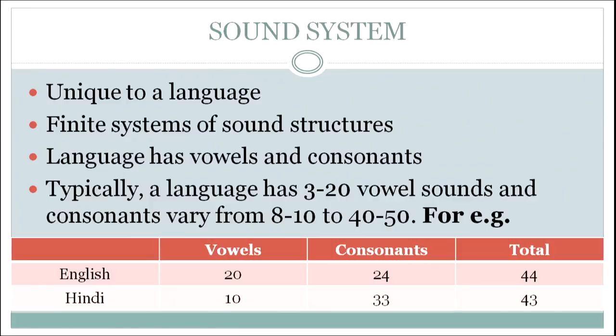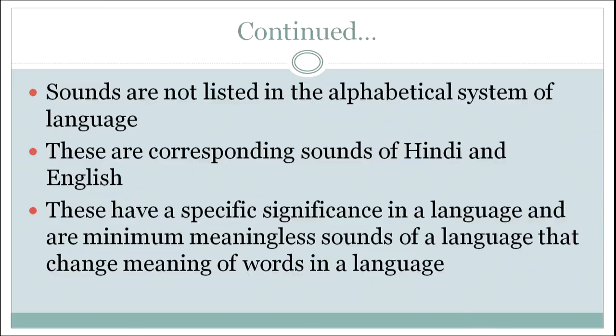So the vowels are 10, which is half of English, and consonants are 33, which makes a total of 43. Now, sounds are not listed in the alphabetical system. That is what I told you when I said that you have learnt about the 5 vowels when you learn about articles probably in your classes, and these are not the same as the sounds that we are talking about in a particular language.